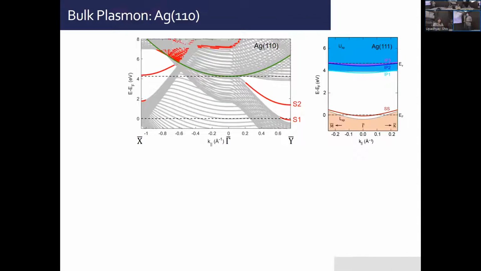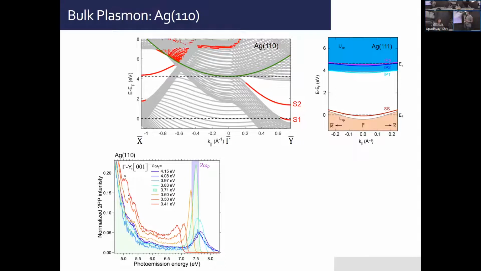So we also studied the silver 110 surface, and also did the photon energy dependent data. Because around the gamma point, the silver 110's band structure lacks bright spectroscopic features.